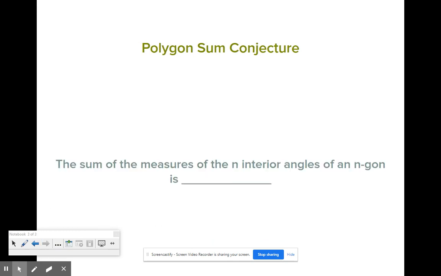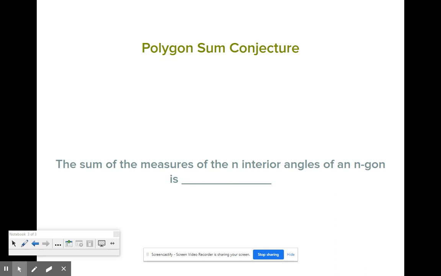The Polygon sum conjecture is for any polygon. The first 2, quadrilateral and pentagon, are just for quadrilaterals and pentagons. However, we can also find them using the Polygon sum conjecture.